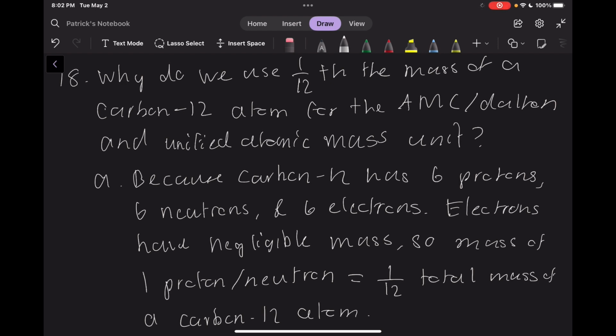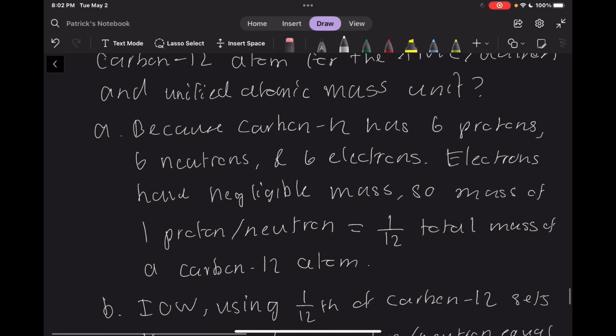As an isotope of carbon, carbon-12 has 6 protons, and because of its mass number of 12, it also has 6 neutrons. Even more amazingly, it even has 6 electrons. Carbon-12 has equal numbers of all 3 subatomic particles. Now, electrons have negligible mass, and because 1 dalton is equal to 1/12 the mass of a carbon-12 atom, it logically follows that 1 proton or neutron has the same mass as 1 dalton.